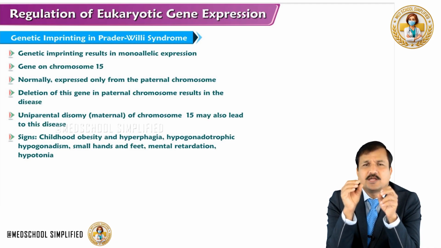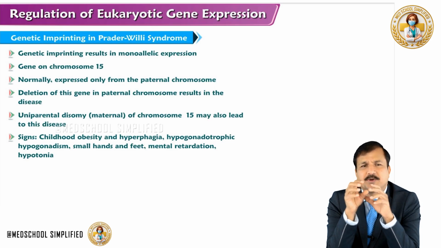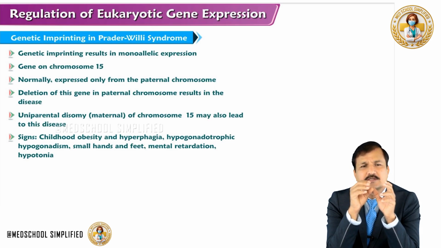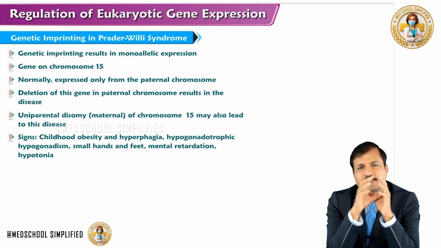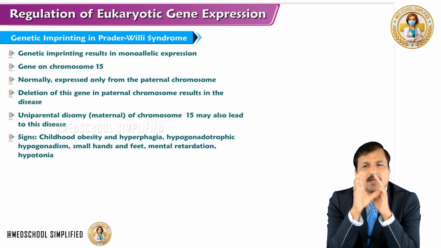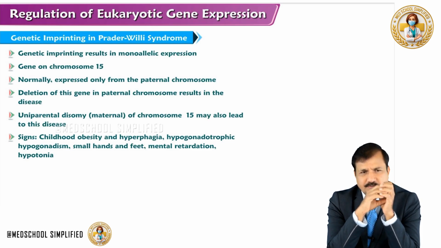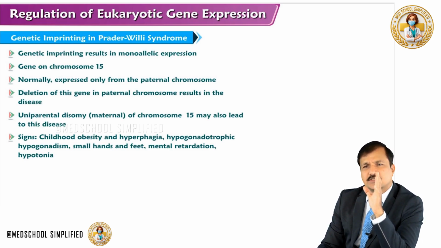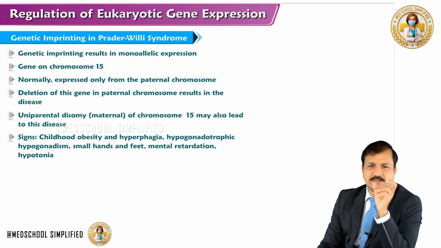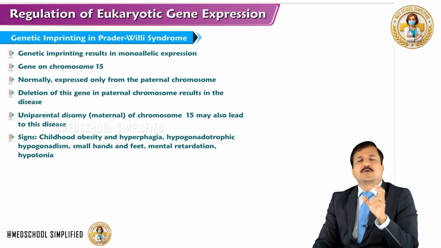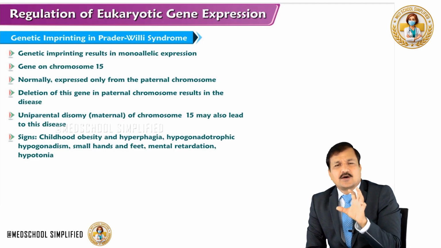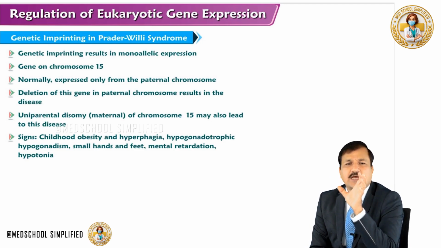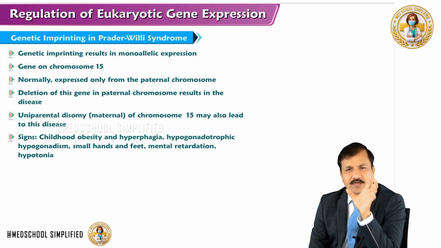The gene involved in Prader-Willi syndrome is on chromosome number 15 and is imprinted so that it is normally expressed only from the paternal, not the maternal chromosome. If one inherits a paternal chromosome in which this region has been deleted, Prader-Willi syndrome results. It can also result from uniparental, or maternal, disomy of chromosome number 15.